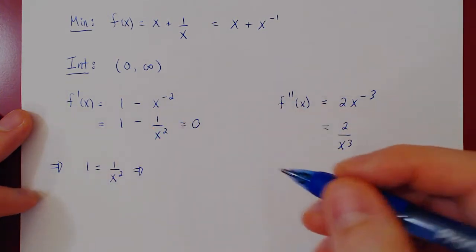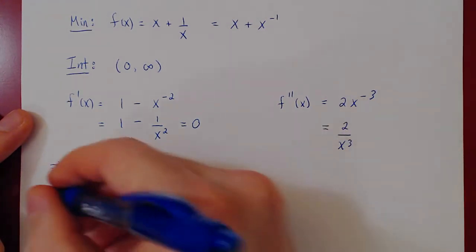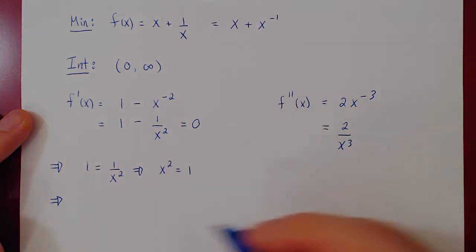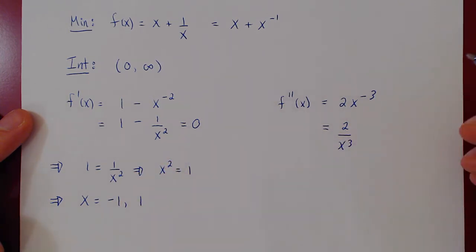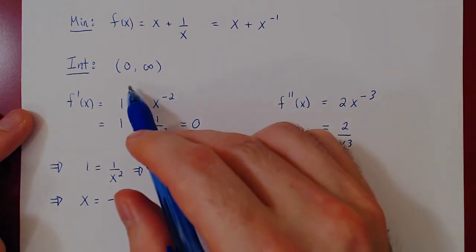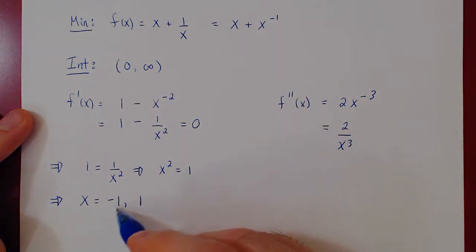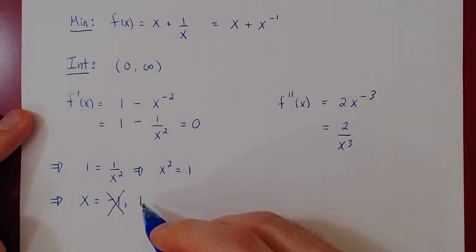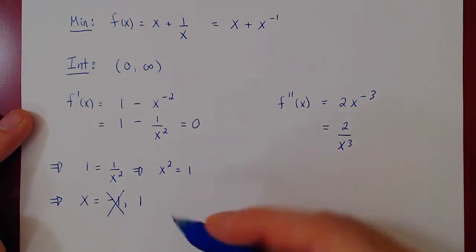Multiply by x squared, and you'll get x squared is equal to 1. Therefore, x is either plus or minus 1. So x is negative 1 or positive 1. But we're looking for values of x on the interval from 0 to infinity, excluding 0. Clearly, negative 1 is not part of the interval, so we reject this value. And we have a unique critical point on the positive real axis, x equals 1.